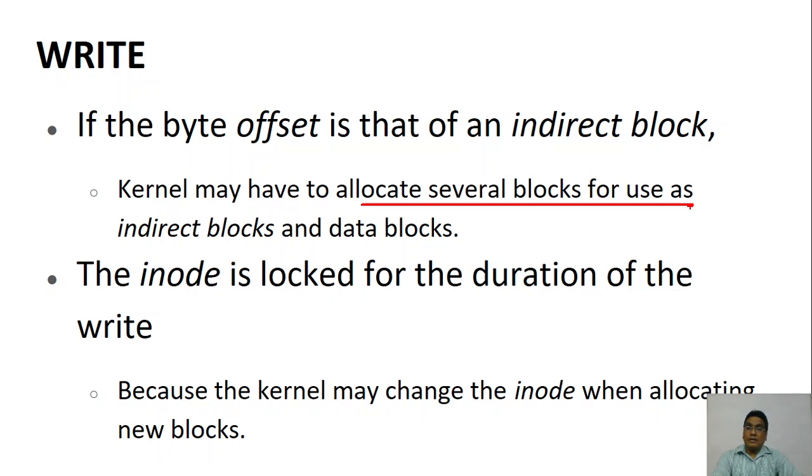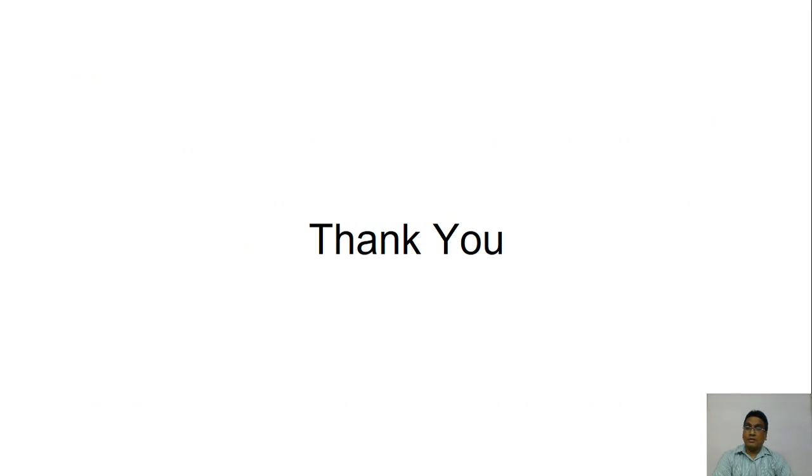While writing the content to the disk, the inode is locked, because if others read the content while things are being written, there is a chance of confusion while writing. That's all in this session.